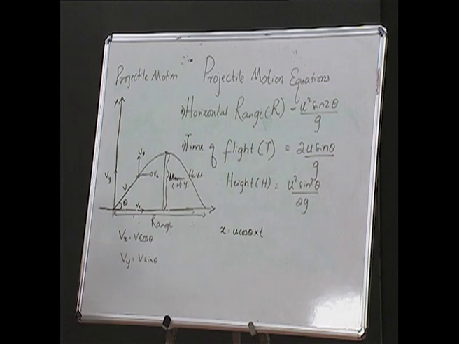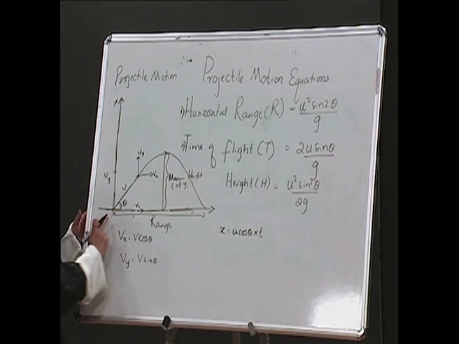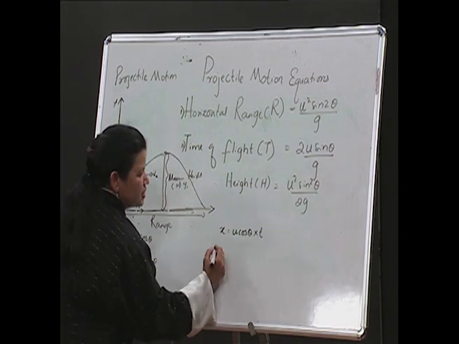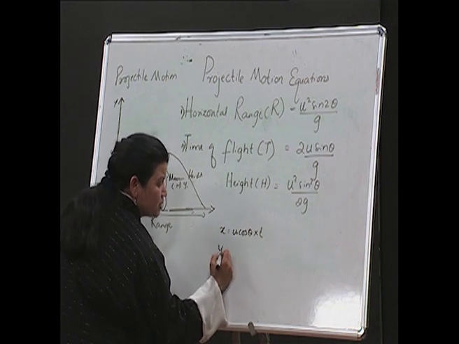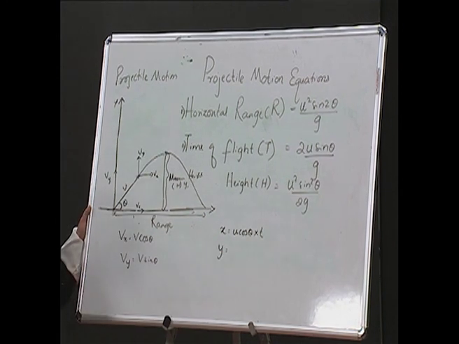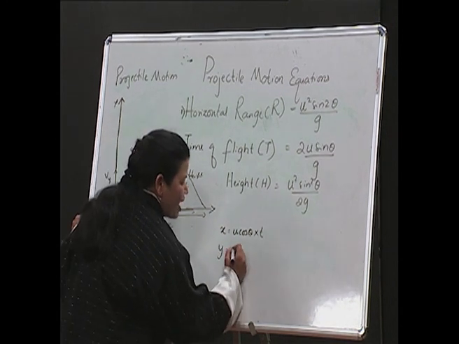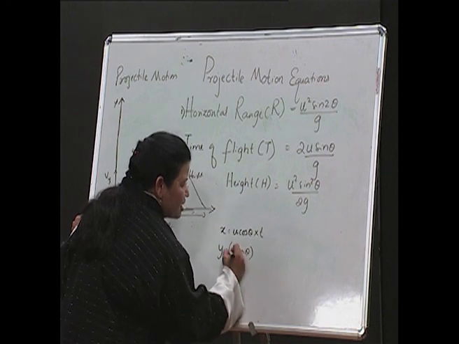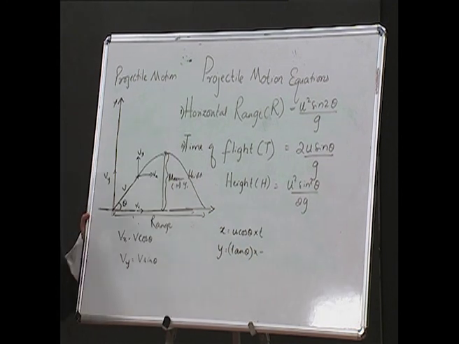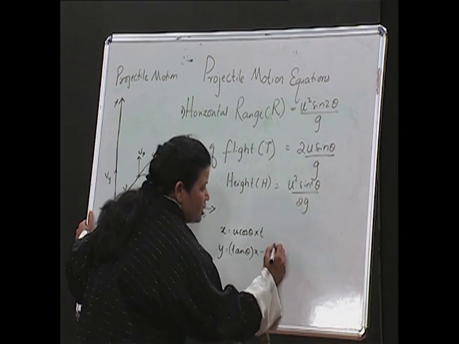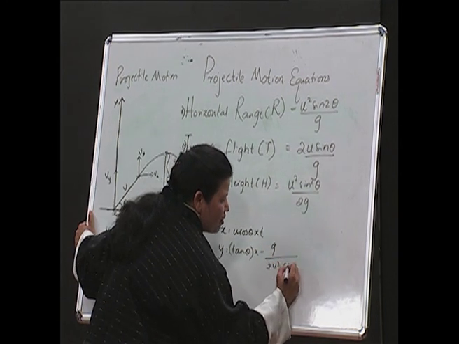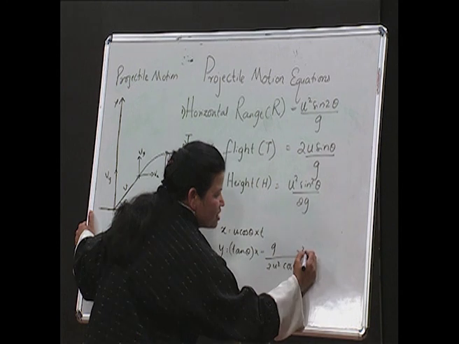And the displacement along the vertical direction is given by the equation tan theta times x minus g divided by 2u square cos square theta times x square.